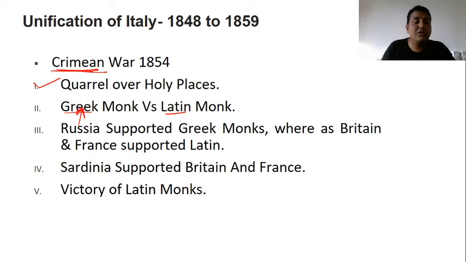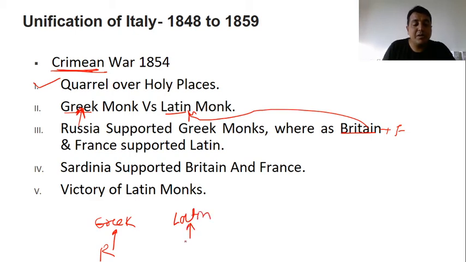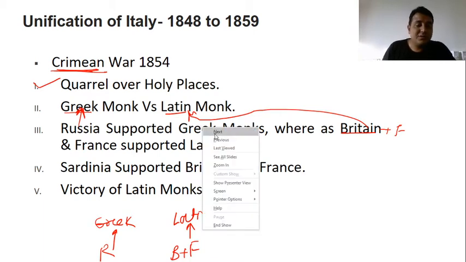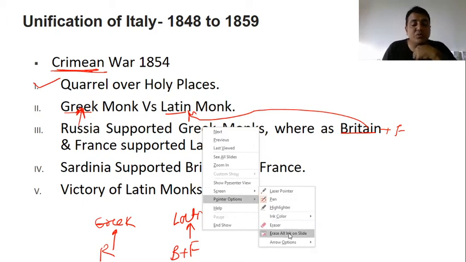Russia supported the claim of the Greek monk, whereas Britain and France supported the claim of the Latin monk. So here we mention the Greek monk was supported by Russia and the Latin monk was supported by Britain and France. If you use common sense, you will get to know who is going to emerge as the victor.